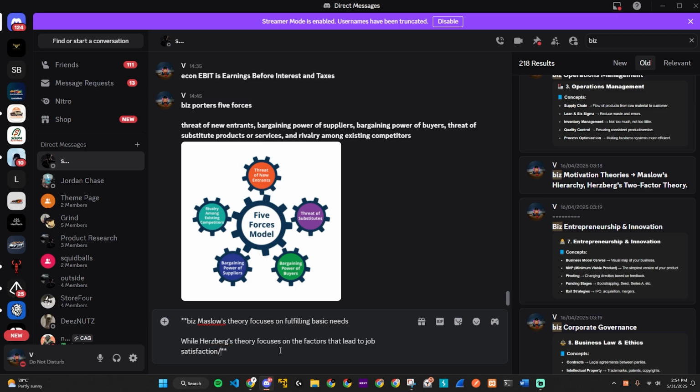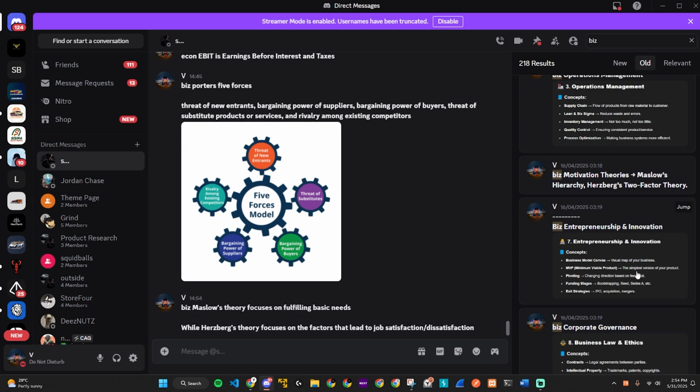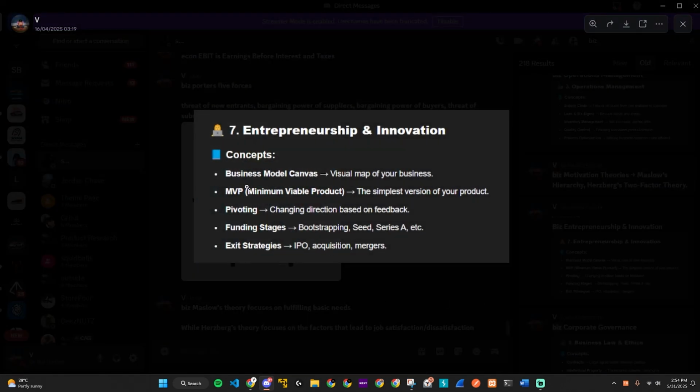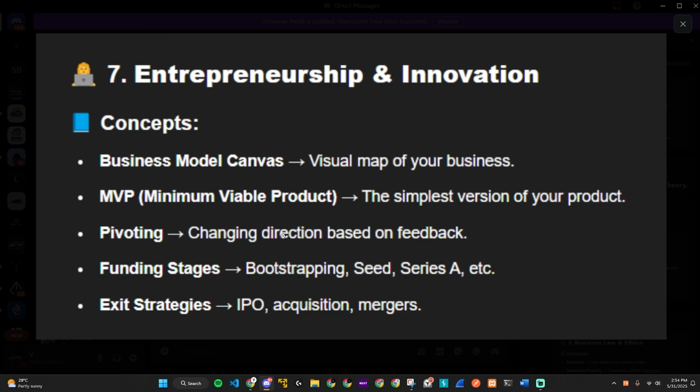Let's just say this: the theory focuses on the factors that lead to job satisfaction. Entrepreneurship and minimum viable product, pivoting, changing direction based on feedback, founding stages, bootstrapping, seed stages.